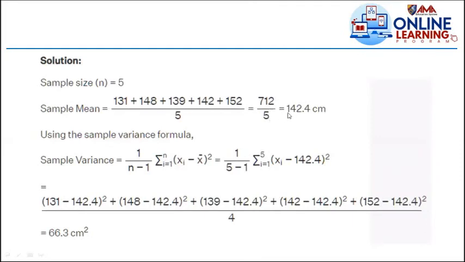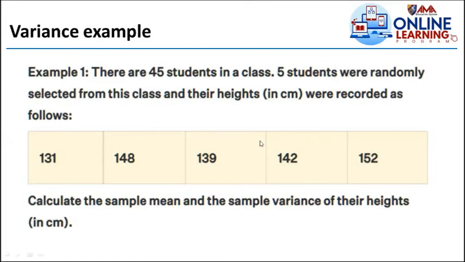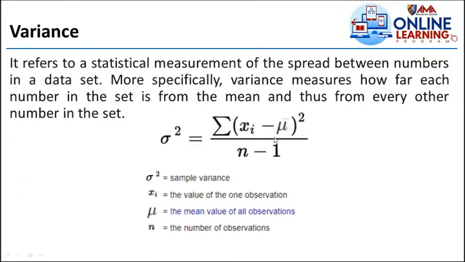So therefore, the average height of the 5 students is 142.4 centimeters. With that, meron na tayong mu, meron na tayong n. 1 is constant. So, ang susunod natin is how we're going to look for the value ng xi natin.